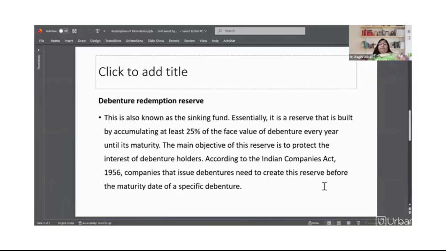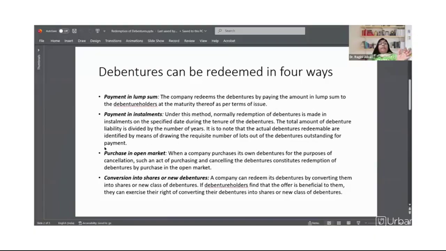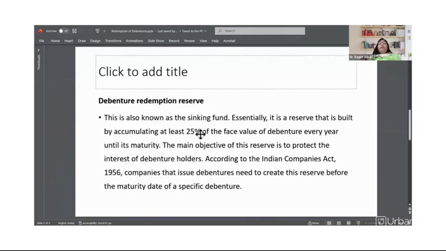Now at this point, let me tell you that when the debentures are being paid in installments and it's a listed company, then the companies have to prepare a debenture redemption reserve. Okay. Now, what is this?